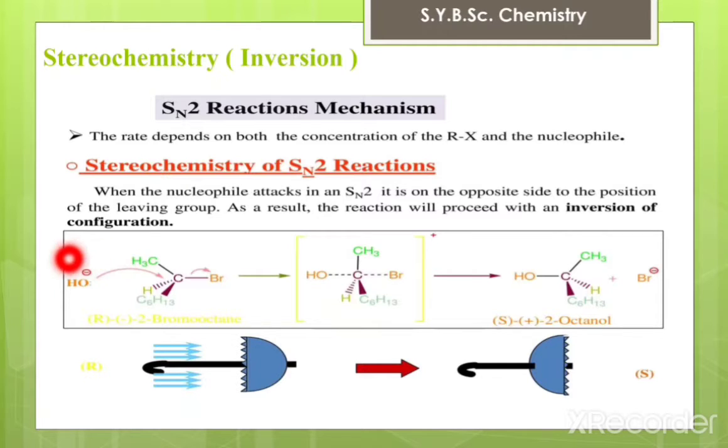That means here the nucleophile attacks opposite to the good leaving group. As a result, the reaction proceeds with inversion of configuration. That means if the starting material has the R configuration and we perform the reaction, we will get the S product. Or if the starting material has the S configuration, finally we get the R product. That means S changes to R or R changes to S.